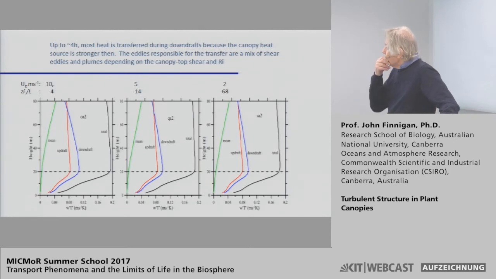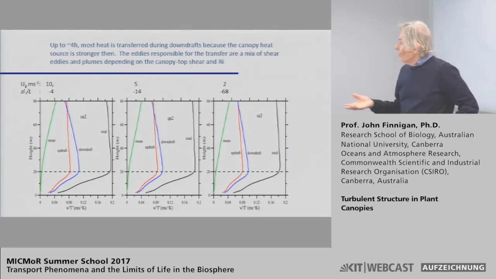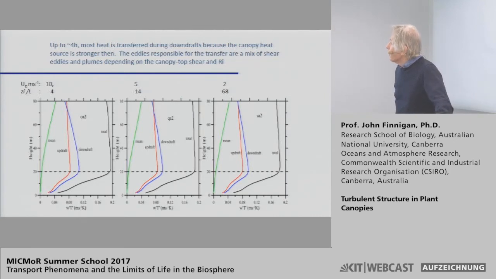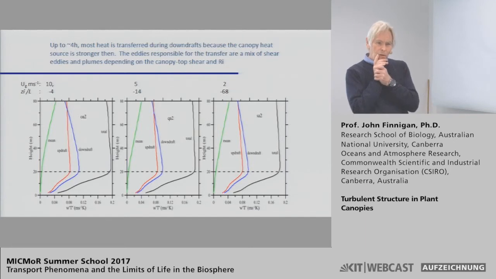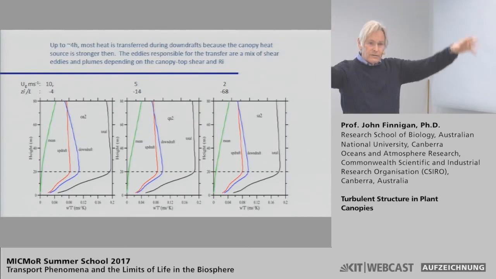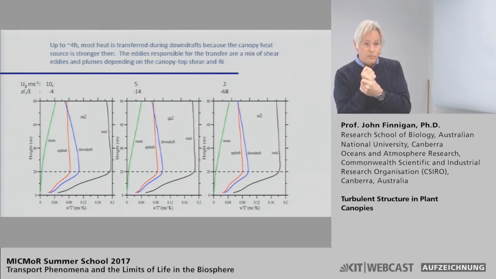So if we partition heat flux between updrafts and downdrafts now, we find that up to about 4 times the canopy height, most of the heat's transferred during the downdrafts, which is sort of not what we thought. I mean, we thought that, okay, we've got this large upward movement of heat, these plumes, surely that's where all the heat's being transferred.